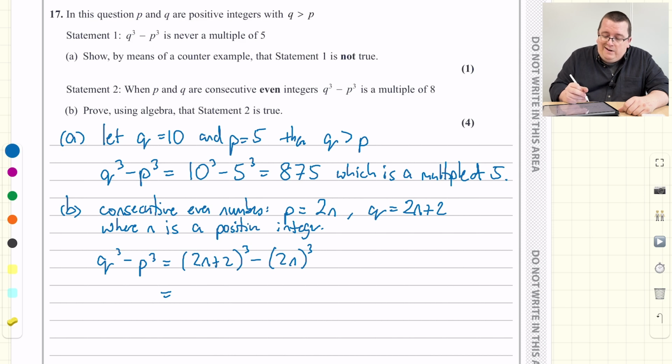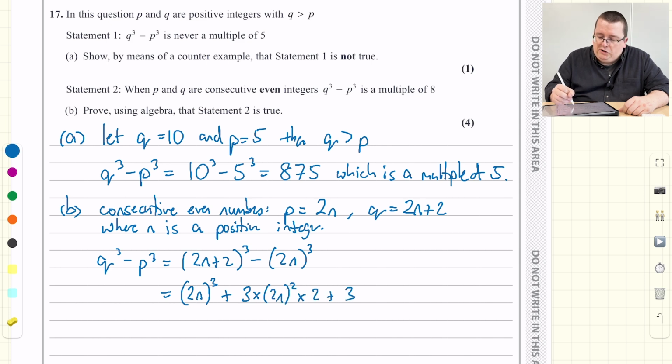We're going to have 2n all cubed, plus 3 choose 1, so 3, times 2n squared times 2, plus 3 choose 2, so 3, times 2n to the 1 times 2 squared, plus 2 cubed, and then we're going to take away 2n all cubed, which is 8n cubed.